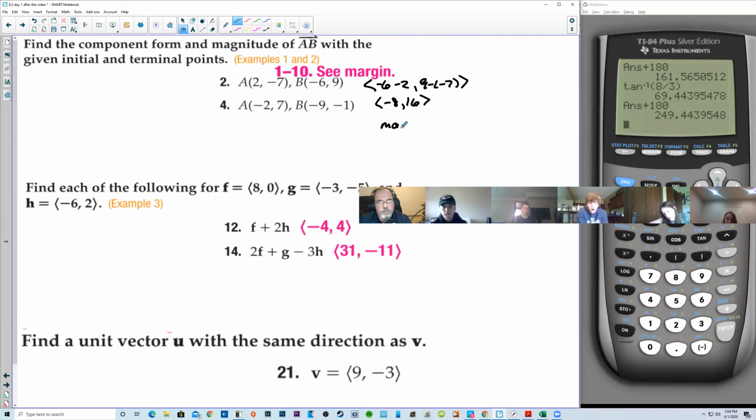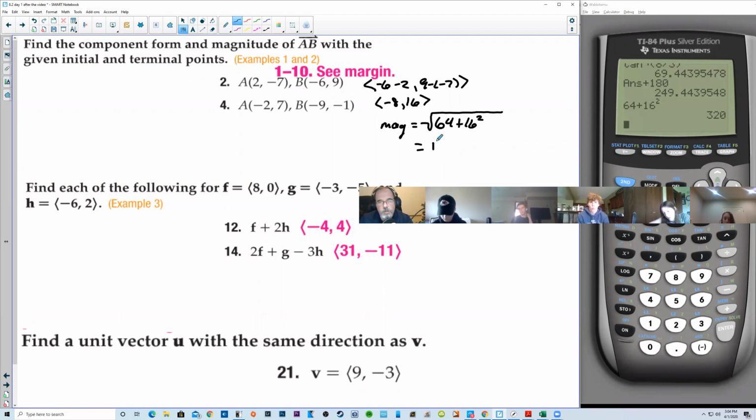And then the magnitude of the component form is you just kind of finish. Really what we're doing is we're finishing the distance formula. So we have 64 plus whatever 16 squared is. So 64 plus 16 squared. And I don't know if your answers in your book are going to have this as a decimal or a simplified radical.